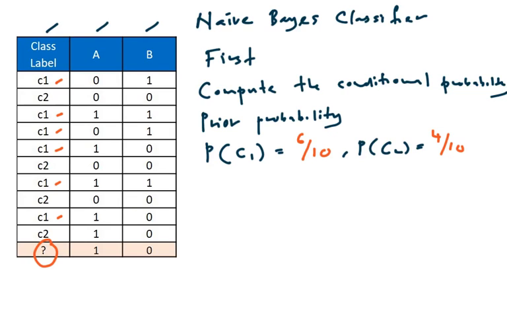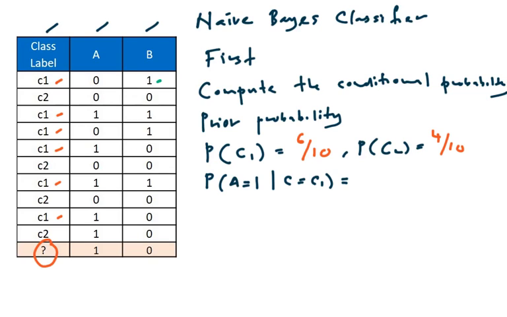First, you need to find the probability of A equals 1 given that the class is C1. So how do you find this? Here A must equal 1 given C is C1. Let's look at our data set for where A equals 1 and C1.